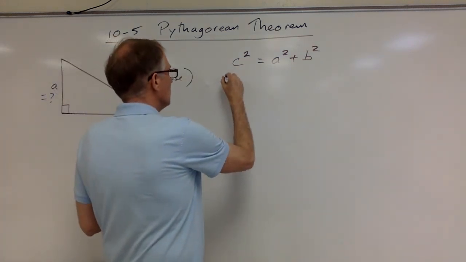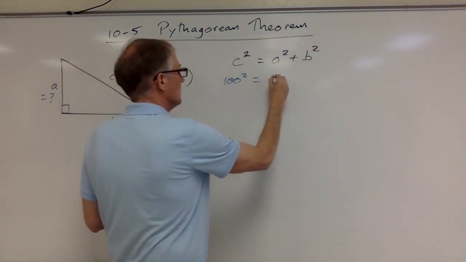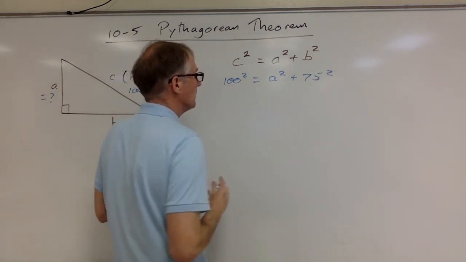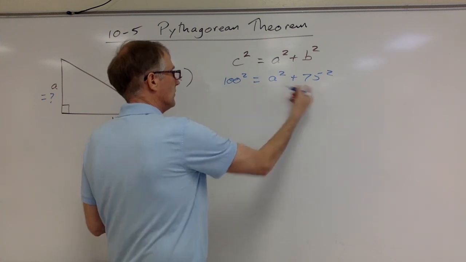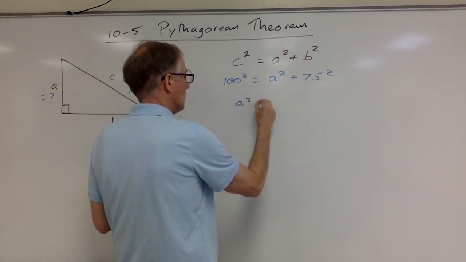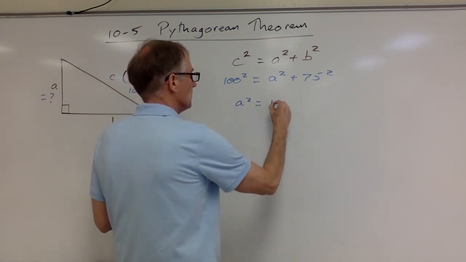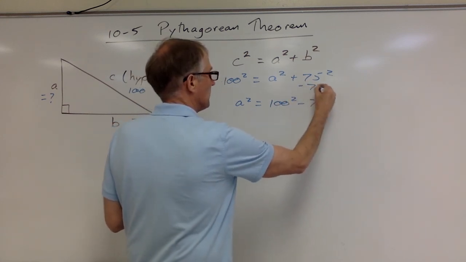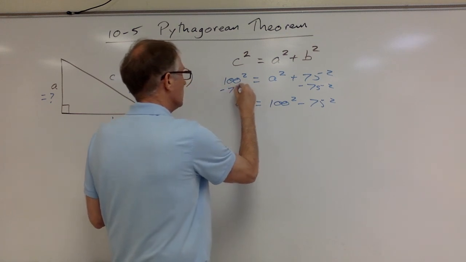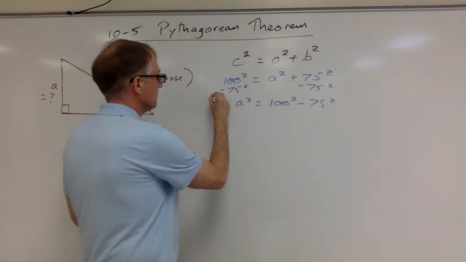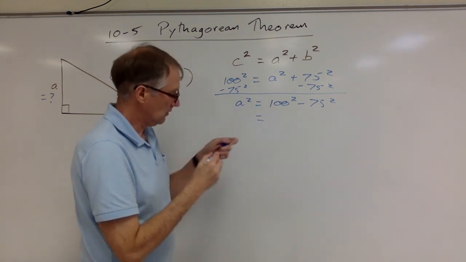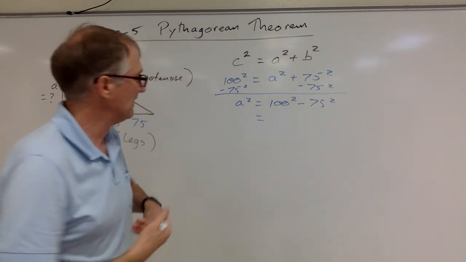So 100 squared equals A squared plus 75 squared. Let's solve this for A squared. So A squared equals 100 squared minus 75 squared, where I subtracted 75 squared to the other side. By the way, you could have done the squares first if you preferred. 100 squared is 10,000.